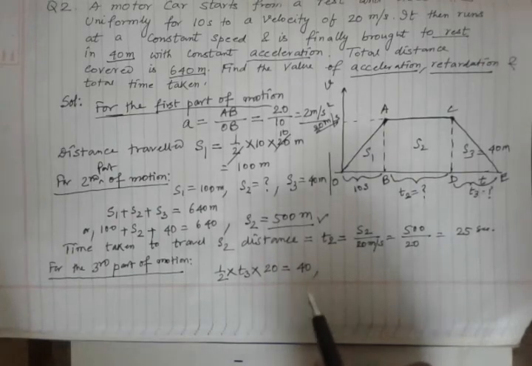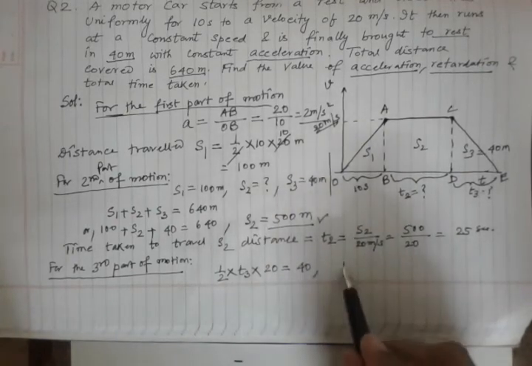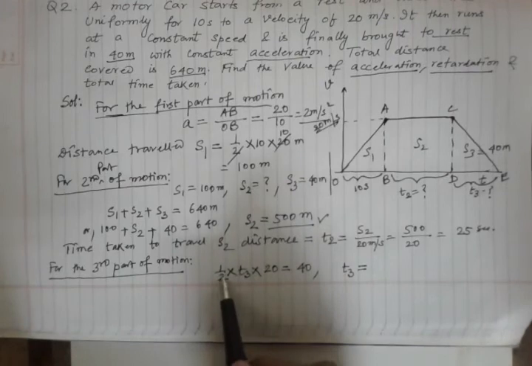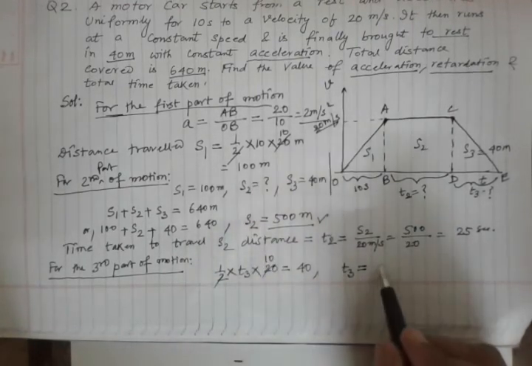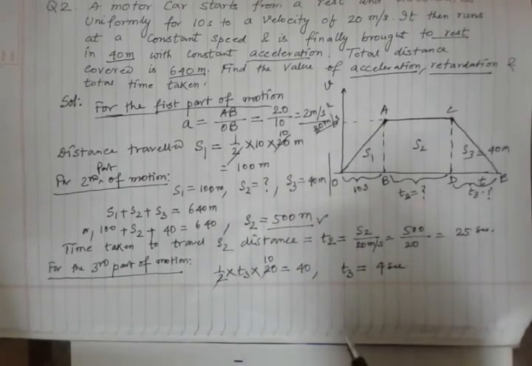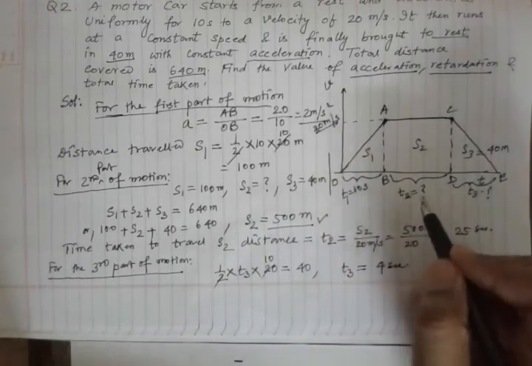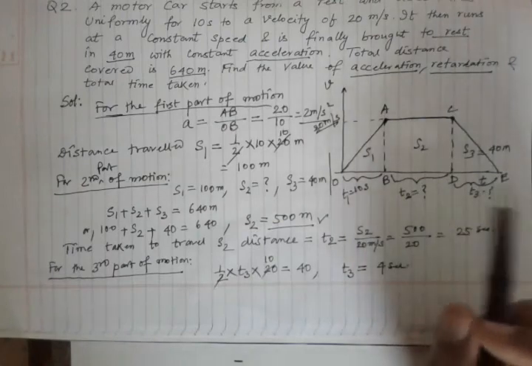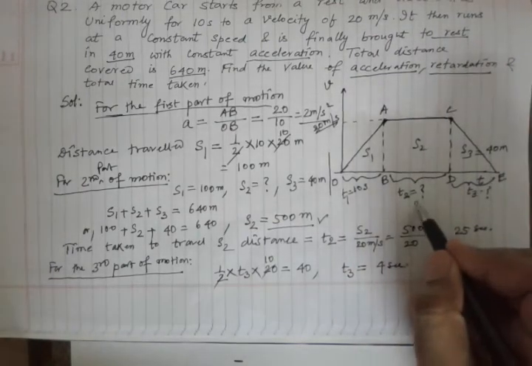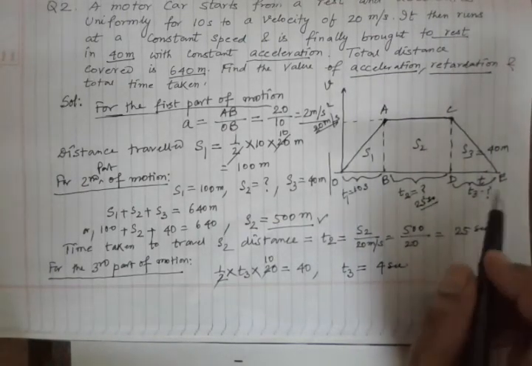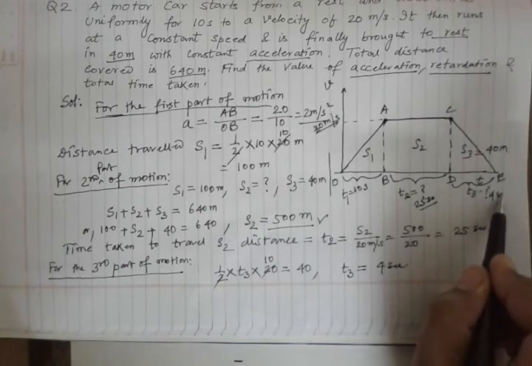So from here we can get T3 is equal to 4 seconds. So T1 is 10 seconds, T2 is 25 seconds, and T3 is 4 seconds.